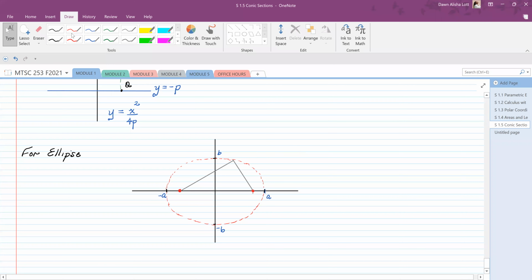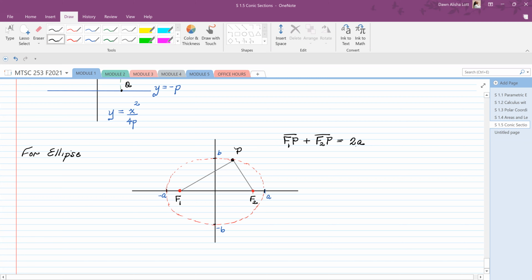And this was some point on the curve. So here's P. And we said this is F1 and F2. And we said the distance from F1 to P plus the distance from F2 to P is equal to 2A. And that's how we derived it.